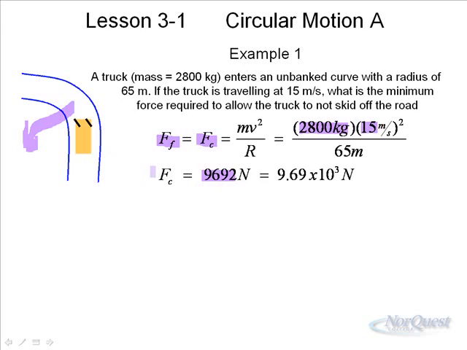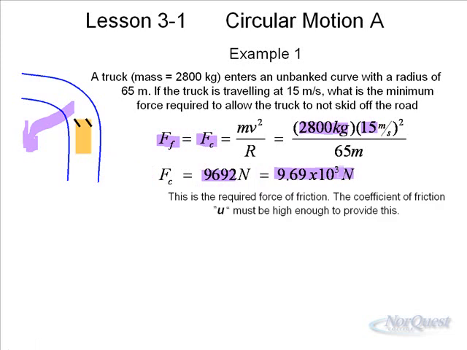The centripetal force is going to be equal to the frictional force required, because it's the friction that causes the centripetal force. So this is the required force of friction, and the coefficient of friction, whatever it might be, has to be high enough for that.